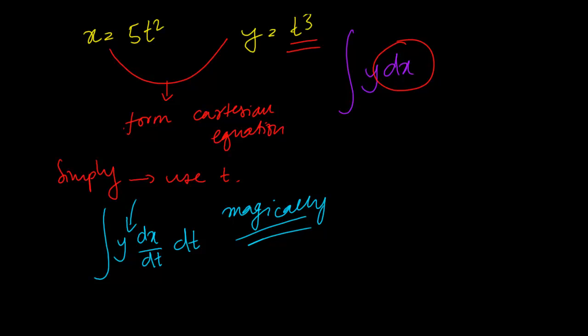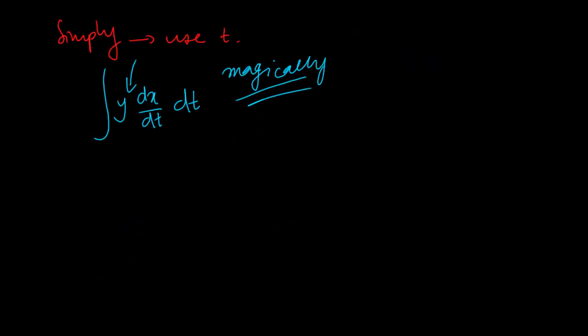With most students, that really won't be enough, because they really want a solid explanation as to how t can be used in integration. So let's continue on that question. x is equal to 5t squared and y is equal to t cubed.